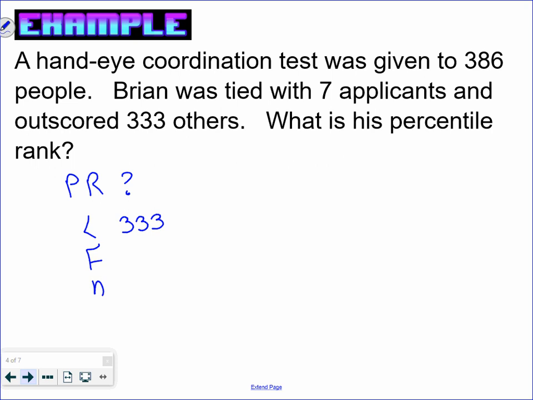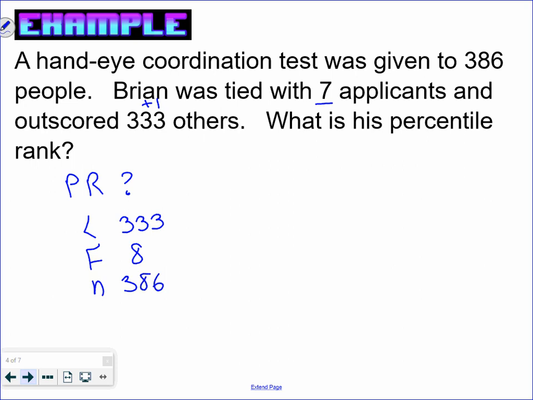Our frequency is how many people had the score that Brian had. So he was tied with 7 applicants, so 7 people had his score, plus that one extra of Brian. So 7 that tied him plus Brian will give us 8. And then N is how many people actually took this test. So we are told that 386 people took the test.